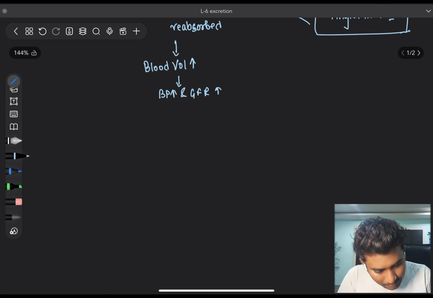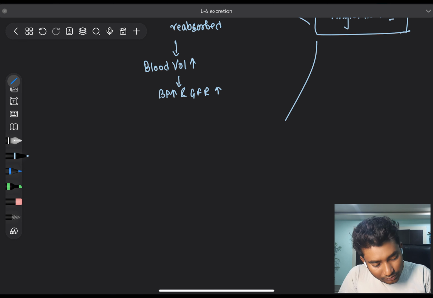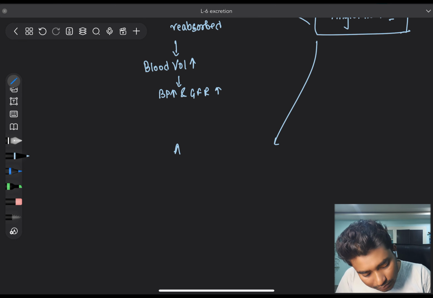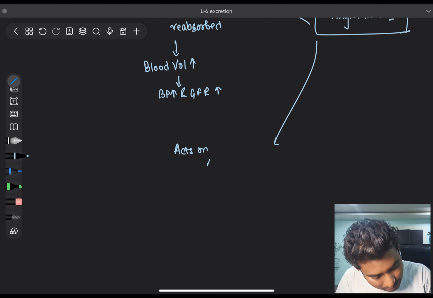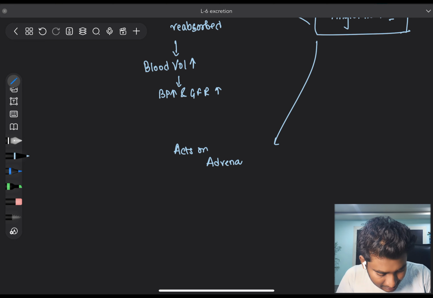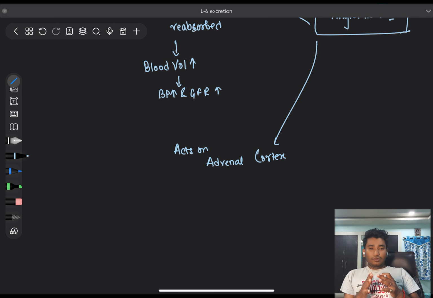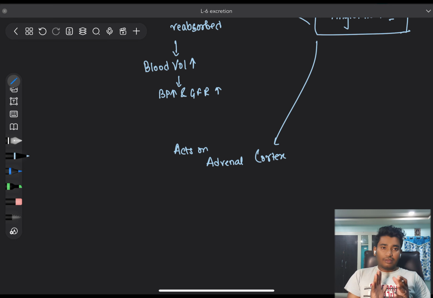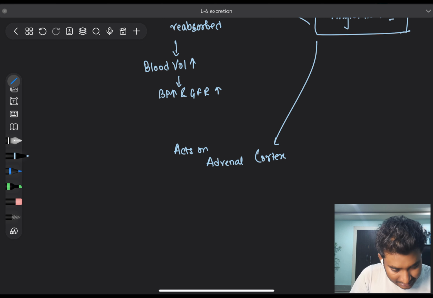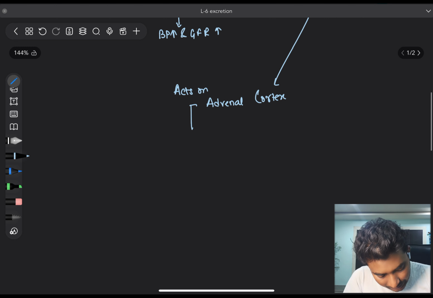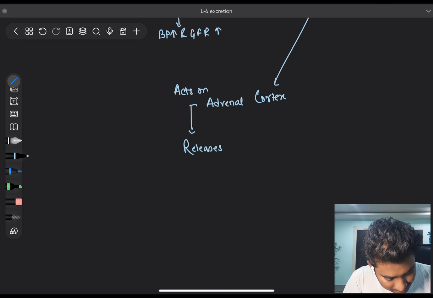And angiotensin 2 again acts on the adrenal cortex. So angiotensin acts on two receptors, the receptors on the PCT as well as the receptors on the adrenal cortex. It releases aldosterone.